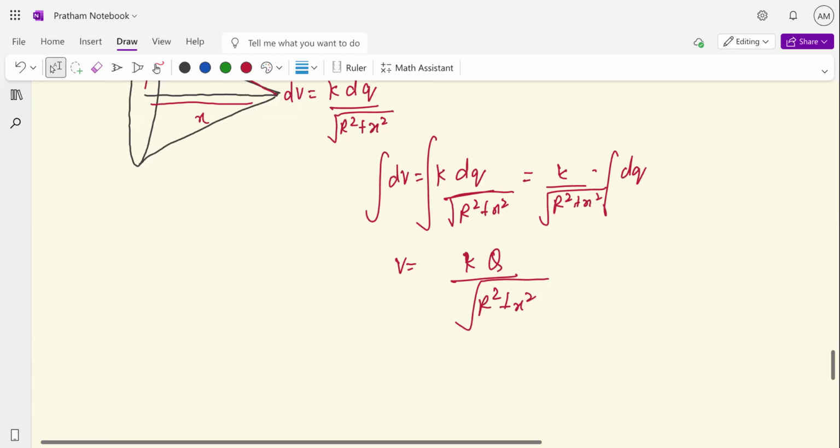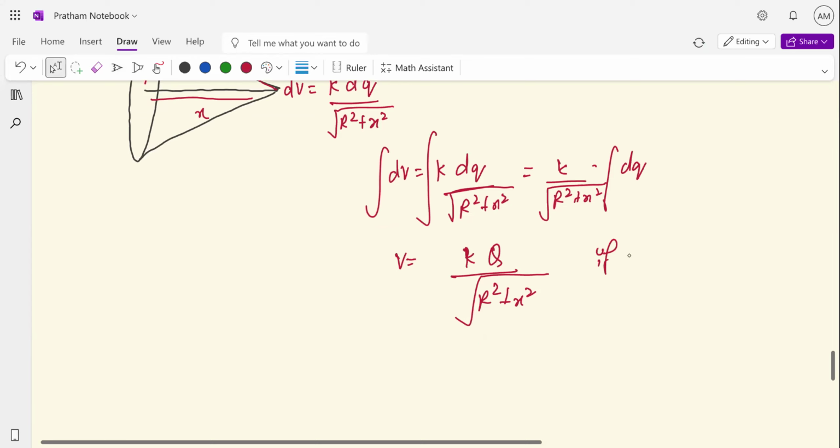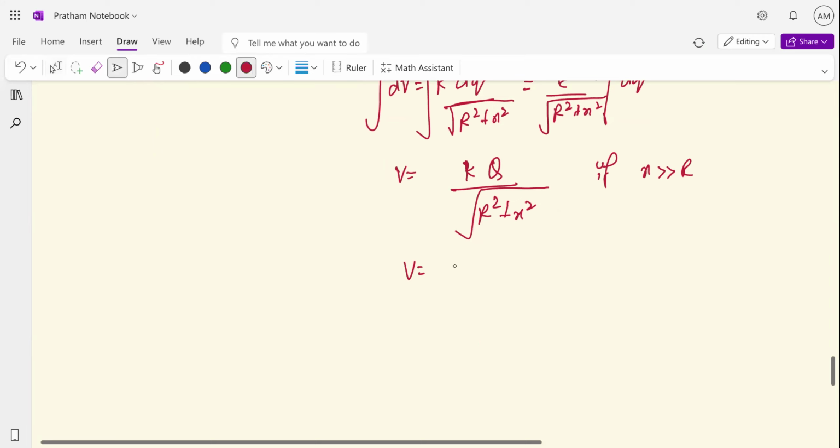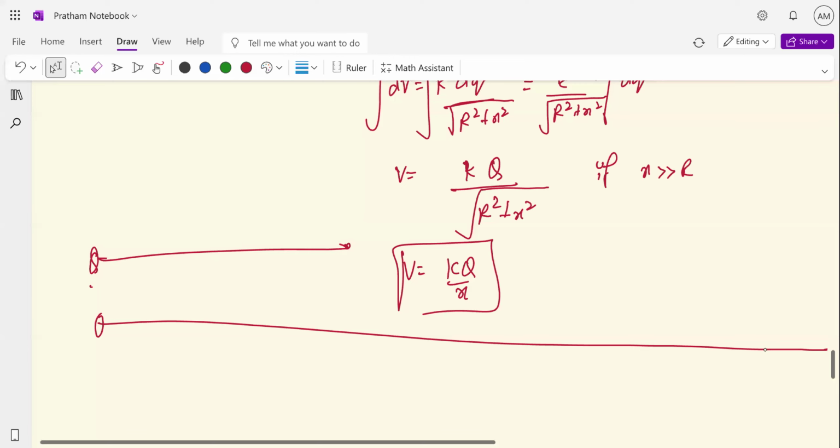You can also say, if x is much greater than r, you can write this as kq divided by x. And now what does it look like? Doesn't it look like you have a bigger charge q and you are calculating potential at distance x? It will be possible if you had a ring charge and went very far away.